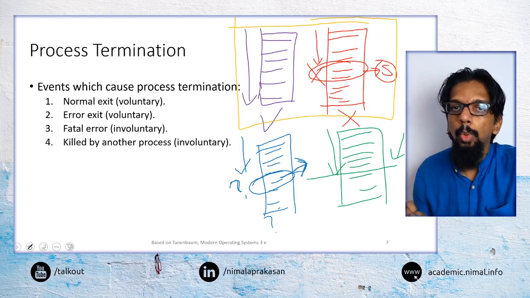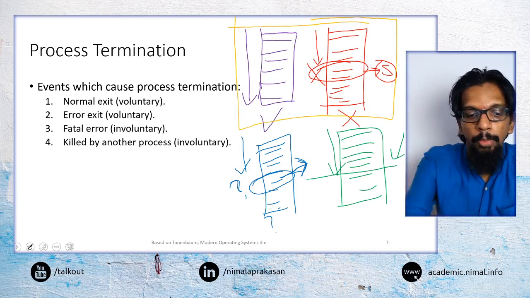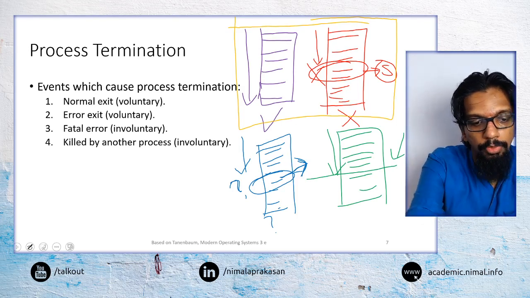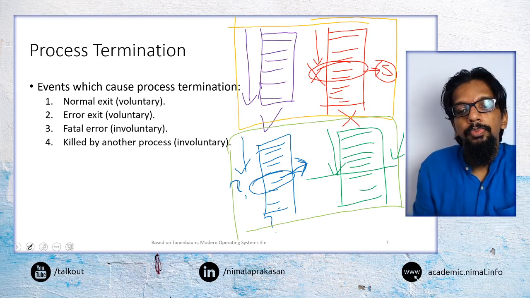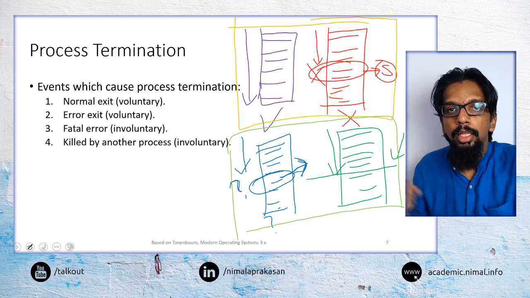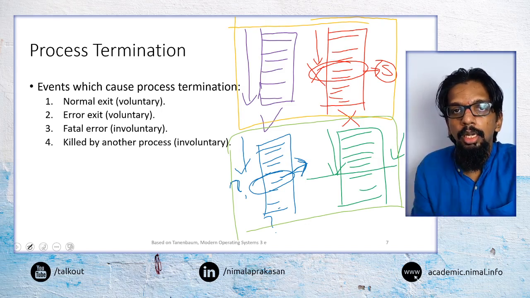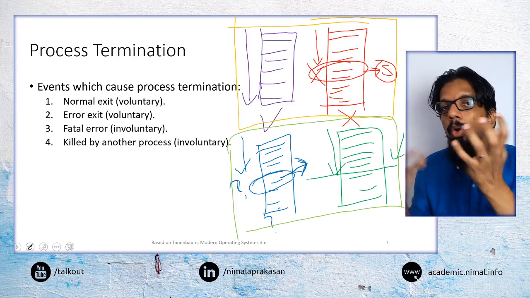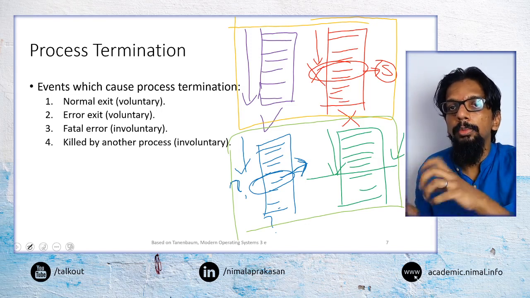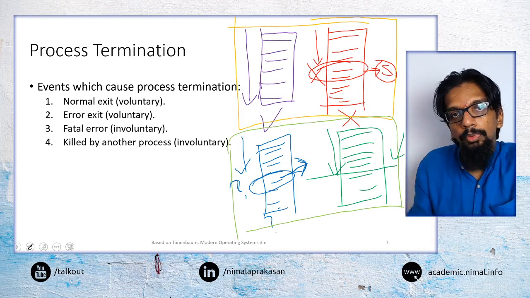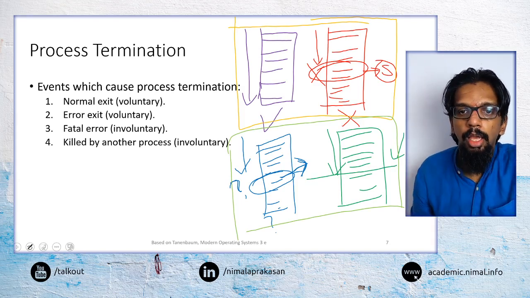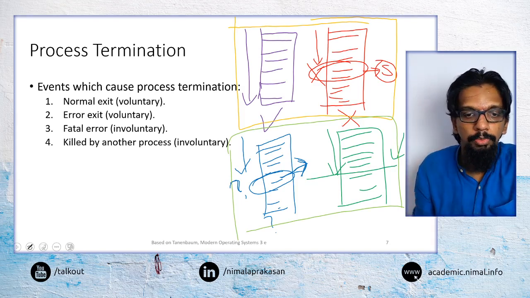Again, it knew what is happening there. But in the third and fourth category, the difference is here they don't know that they are exiting. The process in the third category encountered an error, but it didn't know what to do and it didn't know it had to exit, but in those circumstances it exited. And the fourth category, again, is forced by an outside process.